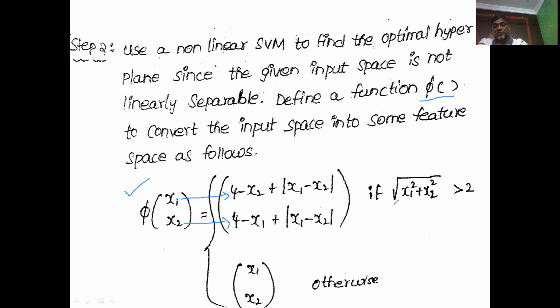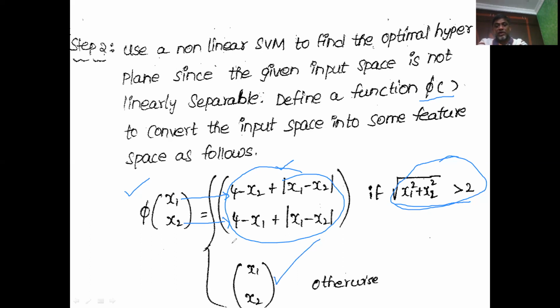I will use these formulas if the square root of x1 square plus x2 square becomes greater than 2. Okay, so if this condition is satisfied, then the phi function that I choose will perform these calculations for the new values of x1 and x2. Okay, if this condition is not satisfied, then the input x1 comma x2 remains the same. There will be no change.